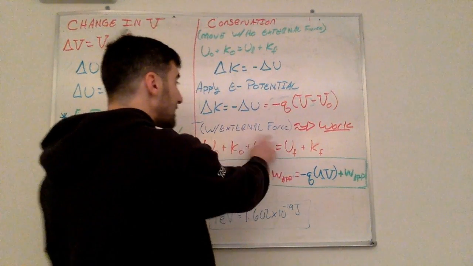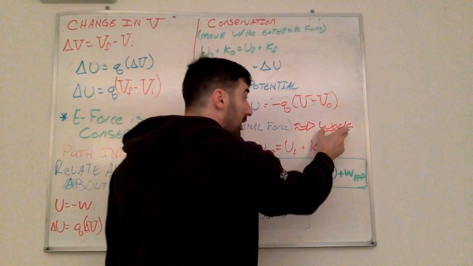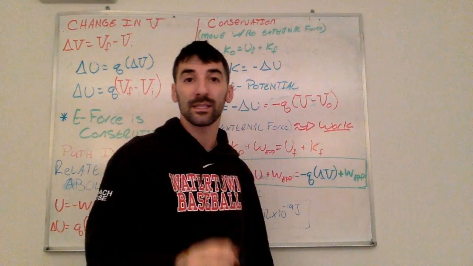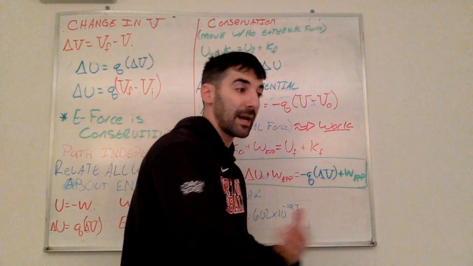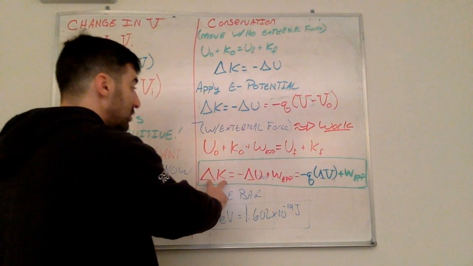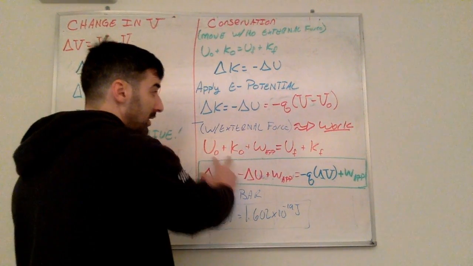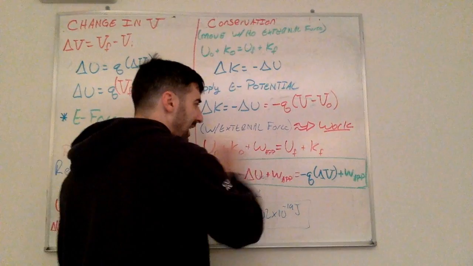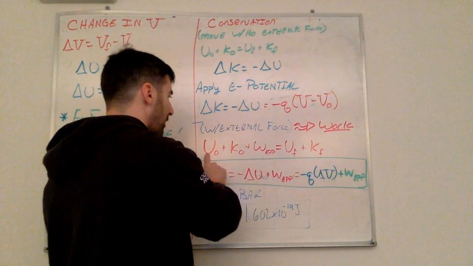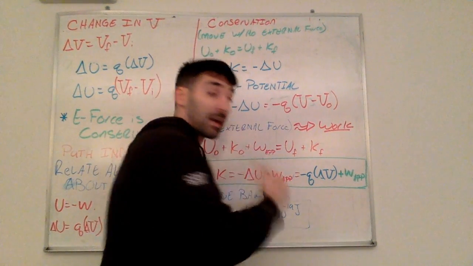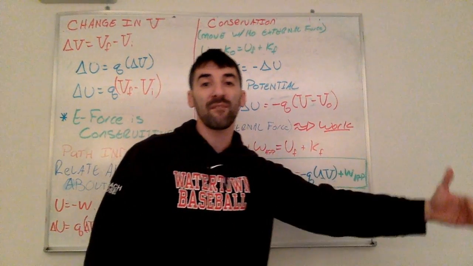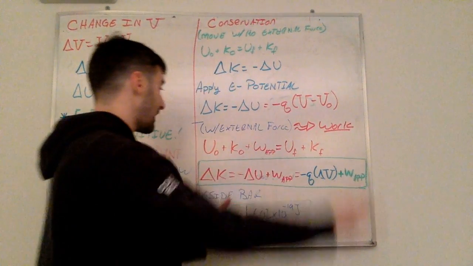So it doesn't matter if my work done is conservative or not conservative. I'm going to apply it just like I've always done. My initial is equal to my final, but I added some work. So everything before, potential energy, kinetic energy, plus the work I add, has to be equal to my final potential and my final kinetic.